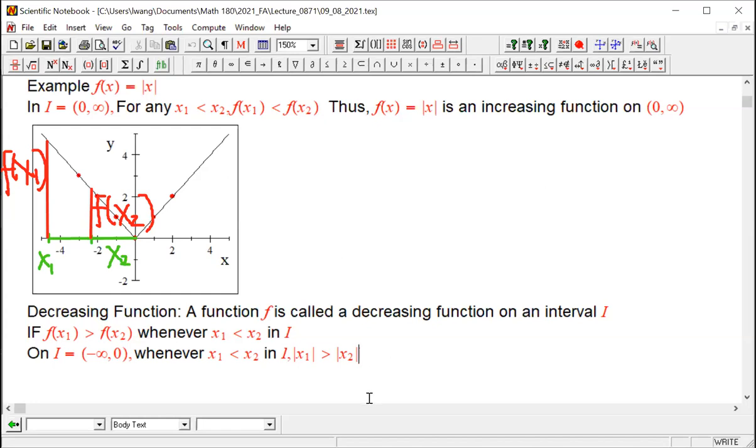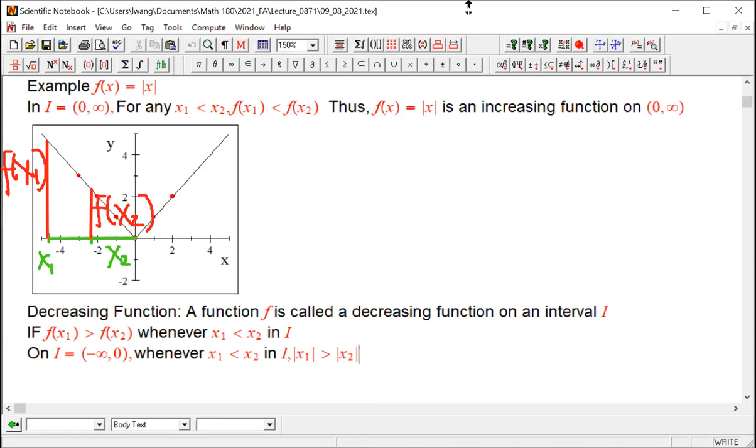If that makes a true statement, right? Remember, you need to think about all the possible numbers. In your mind, you might be checking. On your scratch paper, you might be checking. -5 is less than -2. But the absolute value of -5 is larger than the absolute value of -2. Do you follow me? Right? You may think about these concrete numbers, but in your statement, you have to write it this way. Do you follow me?